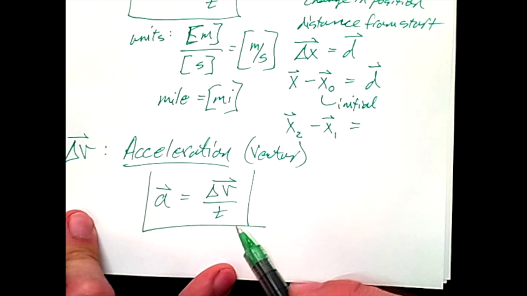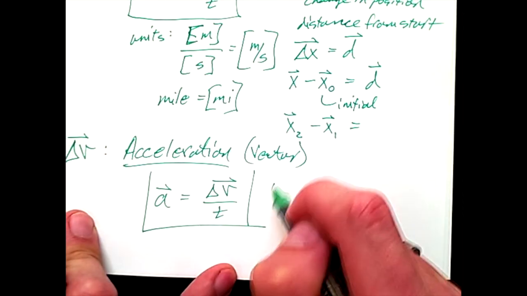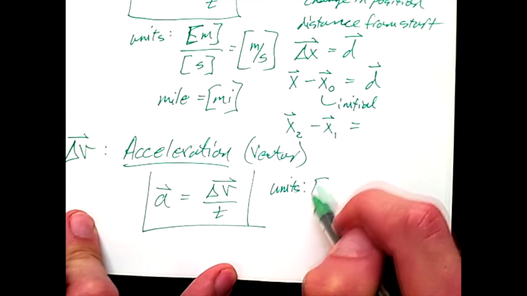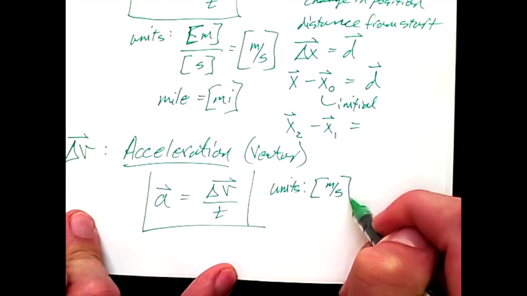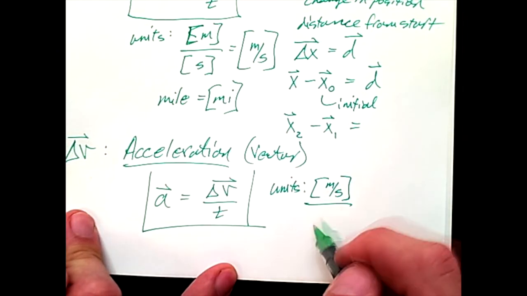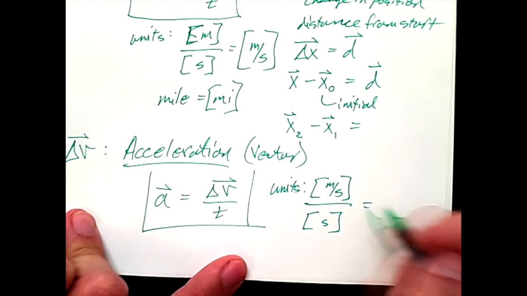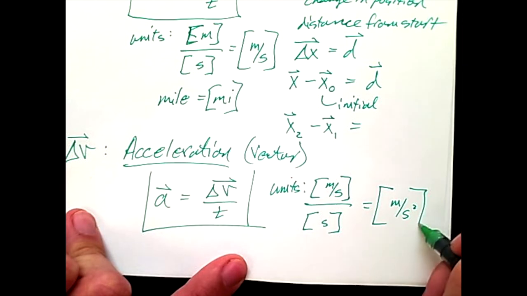As we saw above, the units will be very similar. The units of velocity would be meters per second, as we saw above, divided by the units of time, which would be seconds, therefore creating a unit of acceleration of meters per second squared.